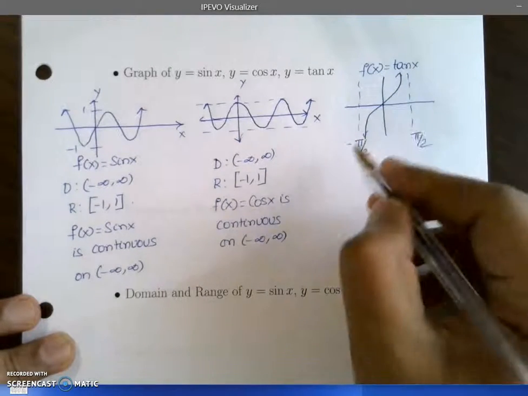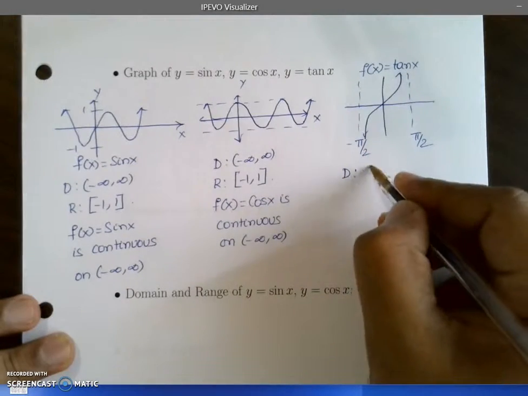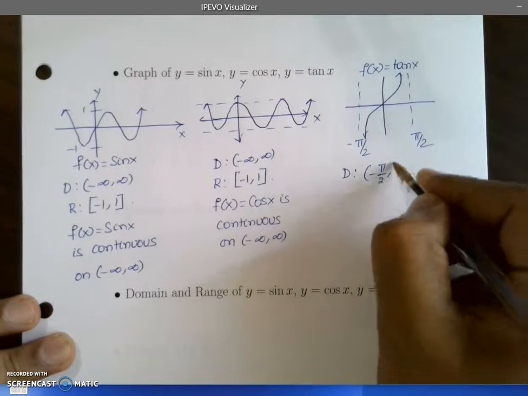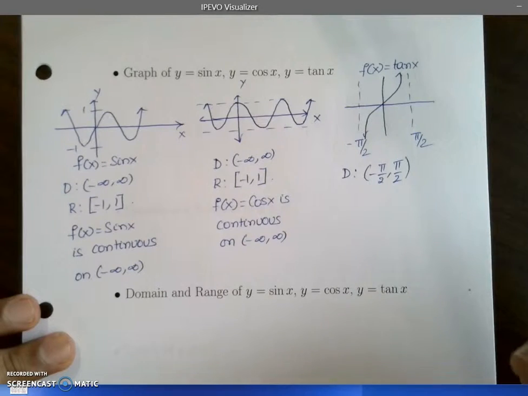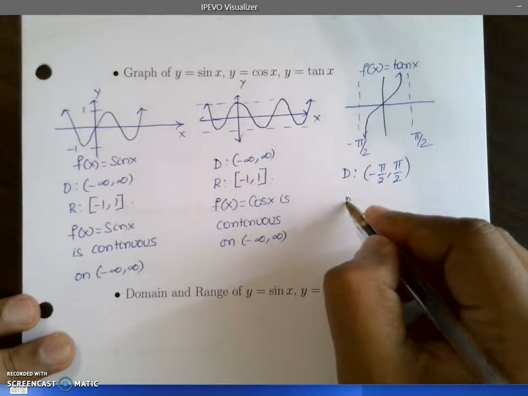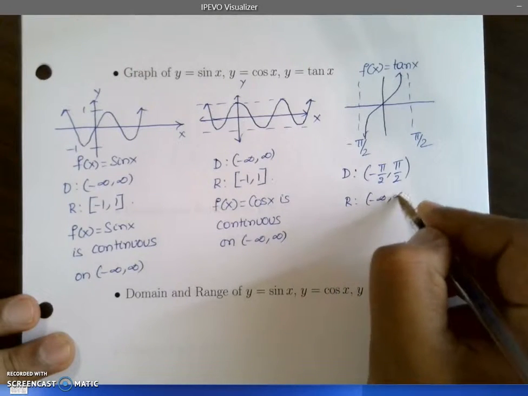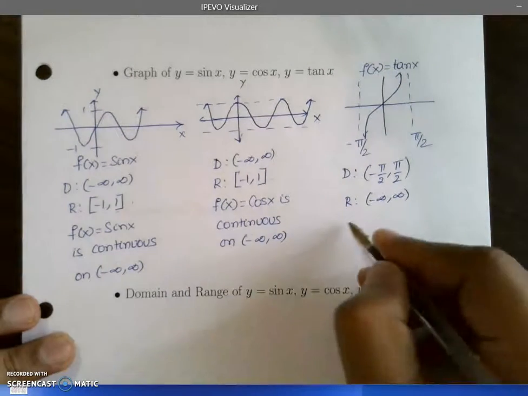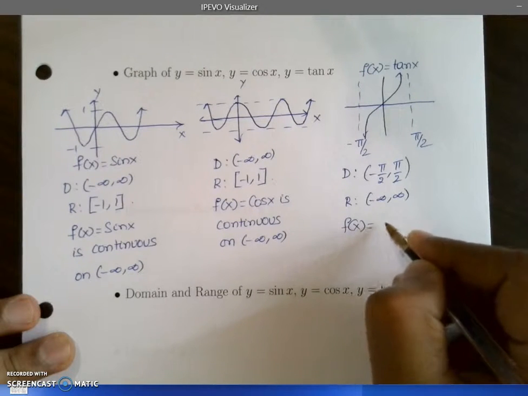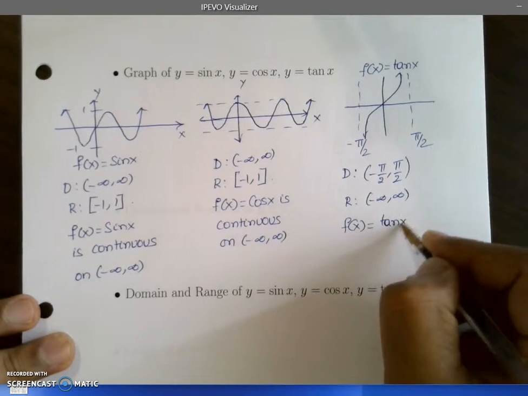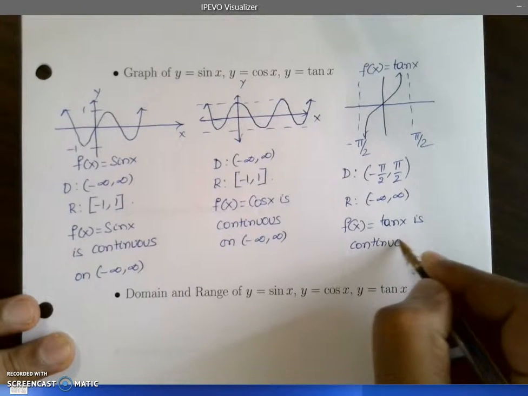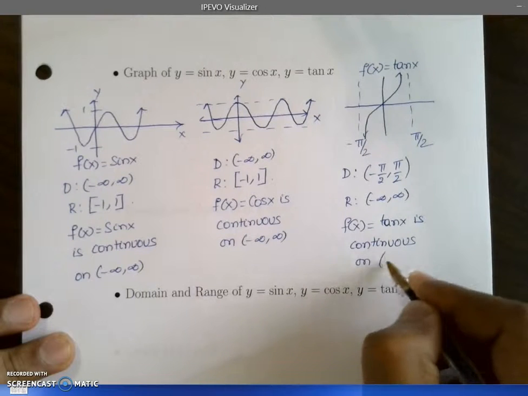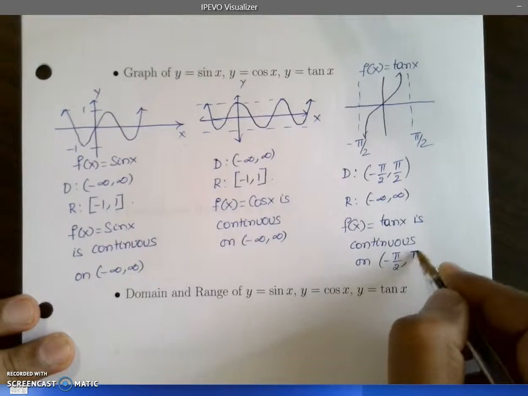The domain of the graph of the tangent is from negative pi over 2 to positive pi over 2, because the vertical asymptotes are at negative pi over 2 and positive pi over 2. The range of this graph is from negative infinity to positive infinity. Then the function f of x equals tangent x is continuous on its domain, in other words, on the interval negative pi over 2 to positive pi over 2.